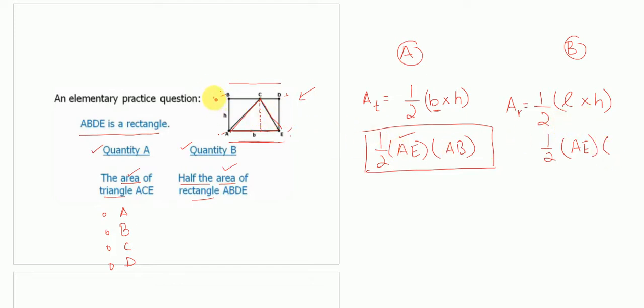It's AB or DE, and for the same reason I'll choose AB because it's also present over here. And now you can clearly see that no matter what the particular size of each side is on this rectangle or on this triangle, these two values are always going to be equal to each other. So in this case, our right answer is answer C. All right.